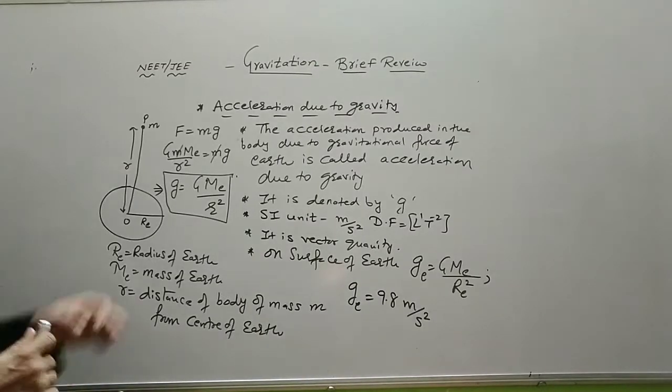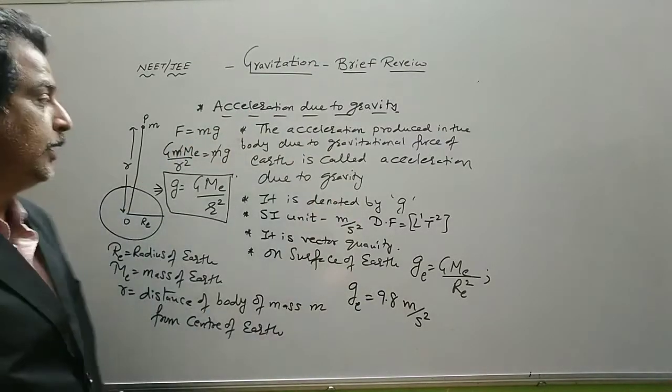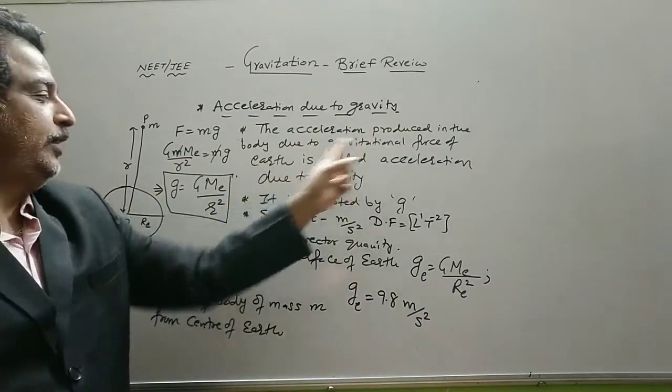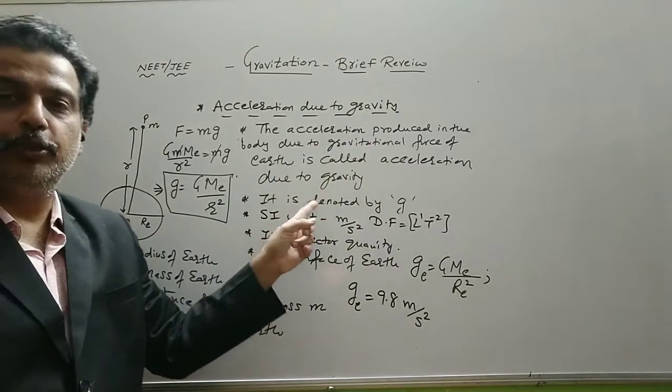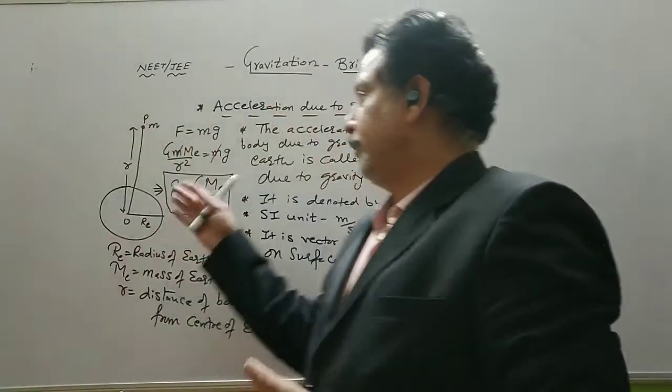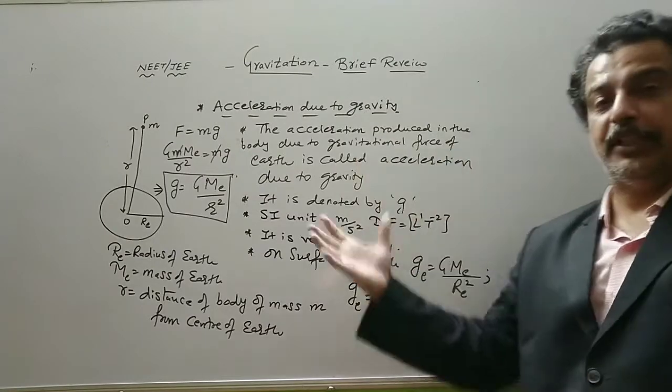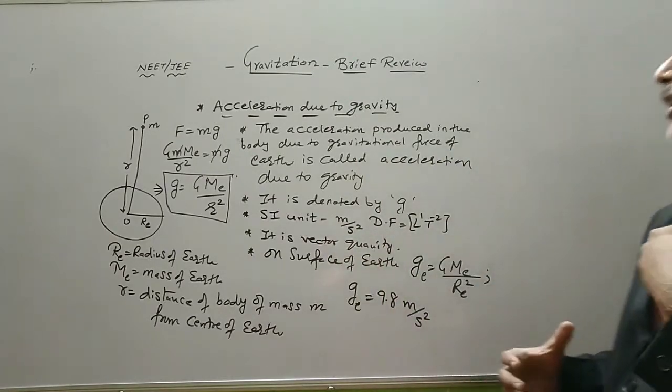Now let us come to the topic acceleration due to gravity. The acceleration produced in a body due to the gravitational force of the earth is called acceleration due to gravity. In the previous topic we discussed gravity, or the force of gravity. All bodies are attracted towards the center of the earth.